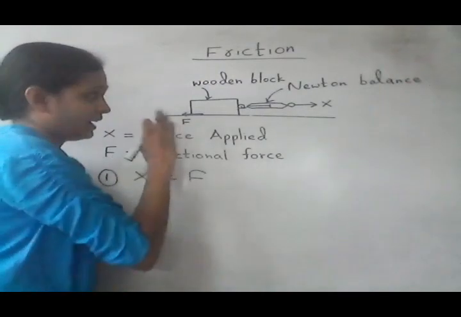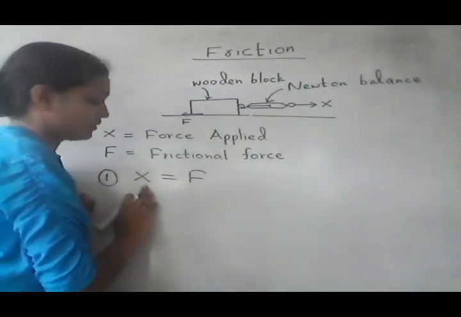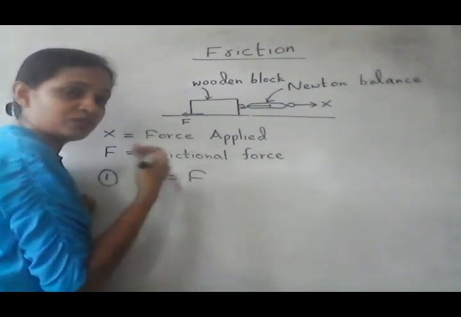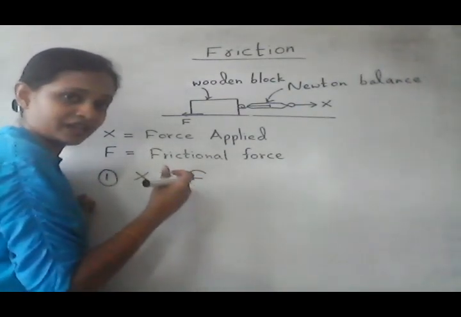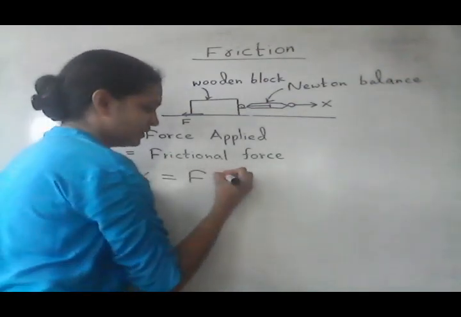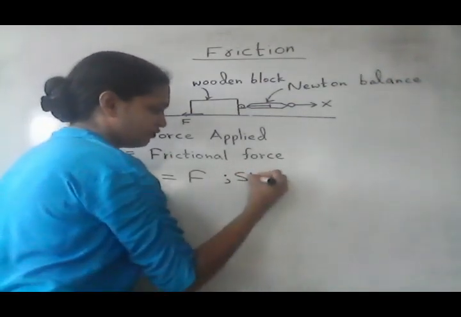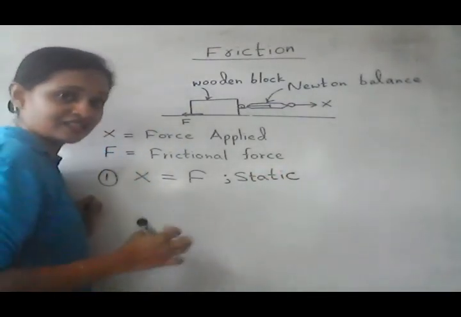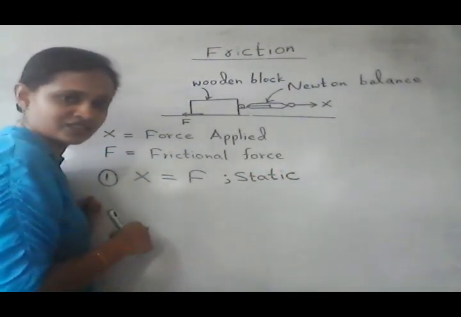And at this instance, as always, X is equal to F. The object does not move, and the frictional force acting in that instance is known as the static frictional force. In Sinhala we call this Sthithika Gharshana Balaya.